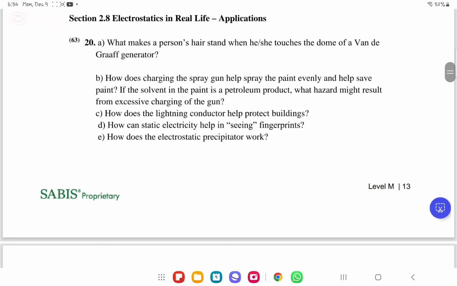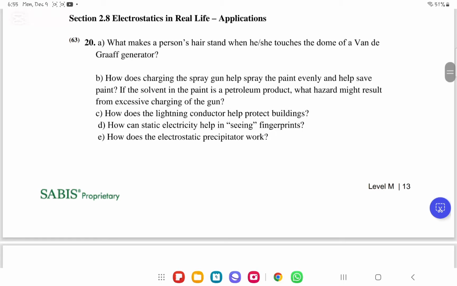Now, how can static electricity help in seeing fingerprints? What's gonna happen is the thing they want to investigate for fingerprints, they put it on a plate and connect it to a negative terminal of a power supply. They place powder on the metal plate connected to the positive terminal, and there's gonna be some electric attraction between the negative terminal and positive terminal.